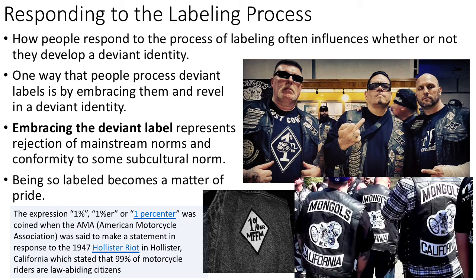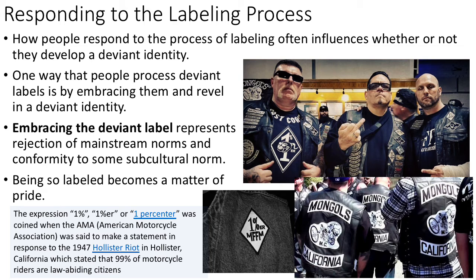And in their response, the American Motorcycle Association said that 99% of motorcycle riders are law-abiding citizens. So what this patch means is that we are the 1% who are not law-abiding citizens. And we're proud of it.